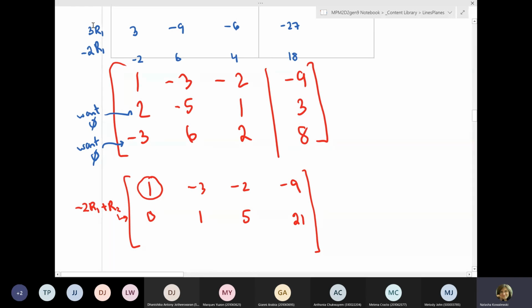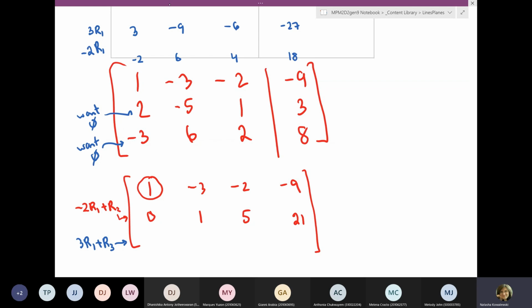So now that we have this, into this position I'm going to take 3 times row 1, and add row 3, right? So this is the 3 times row 1, and this is my row 3. I'm going to add them together. So 3 added with -3 is the 0. Let me change back to red, 0.